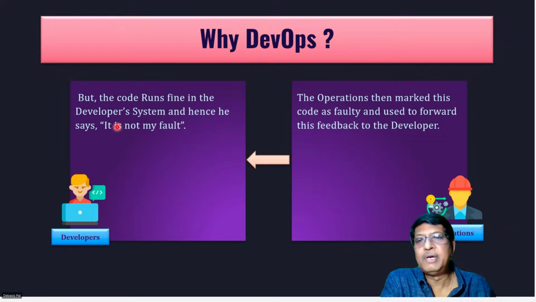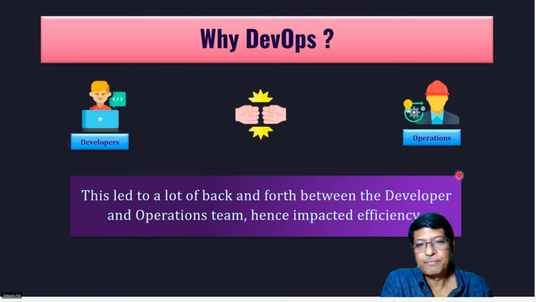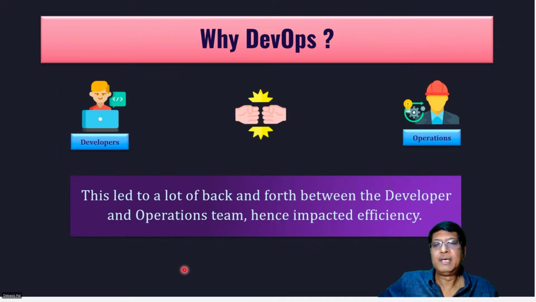They will say, no, it's not my fault, but then the operations guys say, this is marked as faulty code, please do something about it, I am not going to accept it. That's true. So this led to a lot of back and forth between the developer and the operations team.